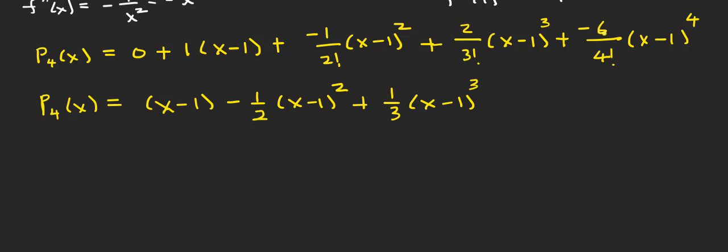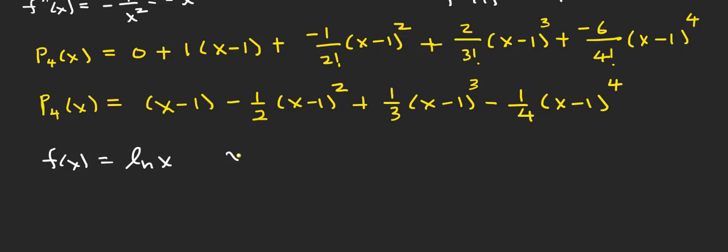And this is going to be negative 6 over 24, which is negative 1 over 4 times the quantity x minus 1 to the fourth power. Now, our f of x was natural log of x when the center is at 1.